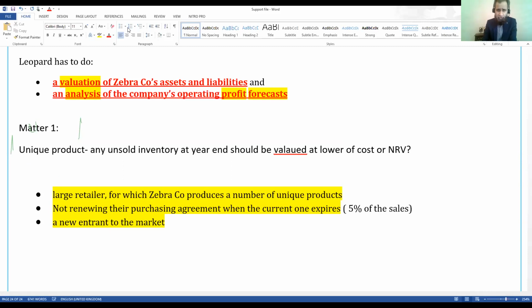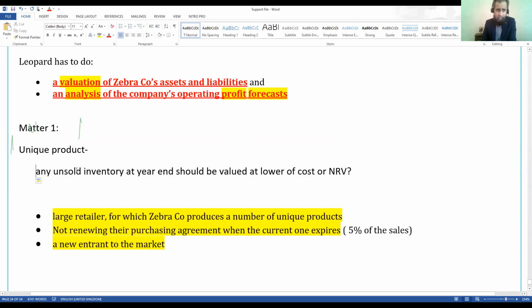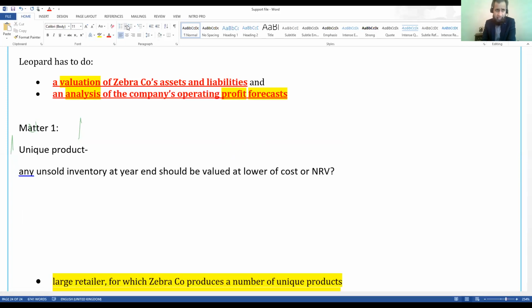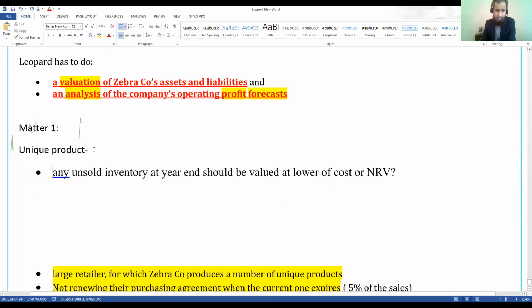Is that my first thought process? Is that right? So for the unsold part, this is the first.